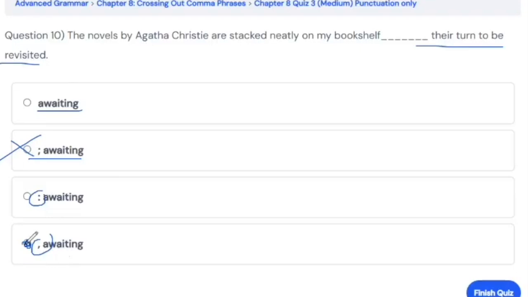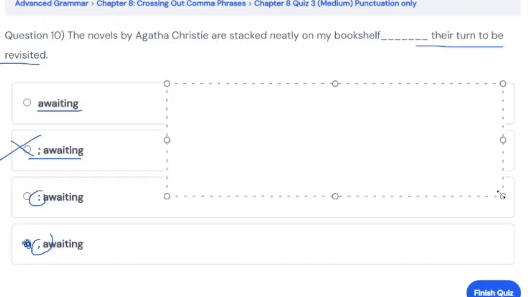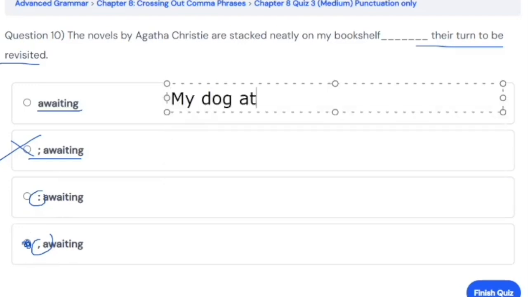Having a comma ing phrase at the end of a sentence, you'll just see it all the time. So examples like, I don't know, my dog ate his dinner, slurping loudly.